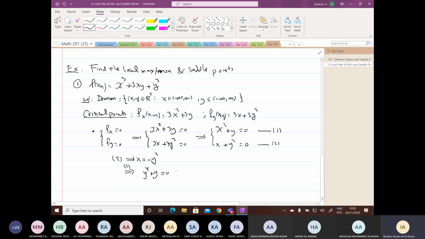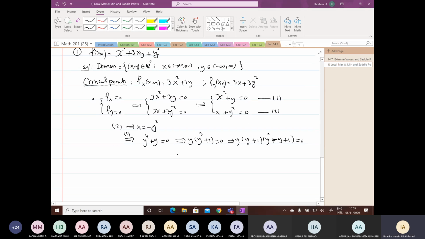I solve it by factoring here. For example, I take y common, you get y times y cubed plus 1 equal to 0. I can also factor y cubed plus 1. You get y times y plus 1 times y squared minus y plus 1 equal to 0. Okay. Now this gives me y equal to 0 or y equals minus 1.